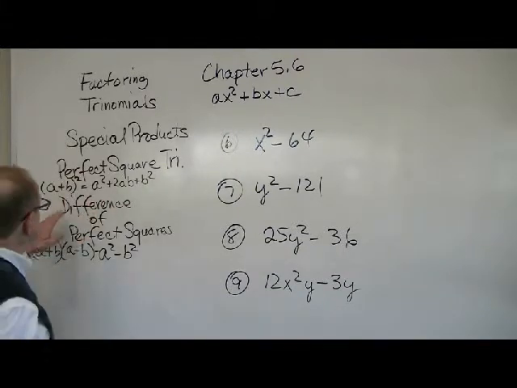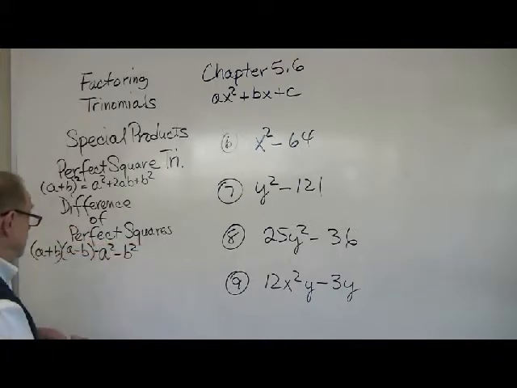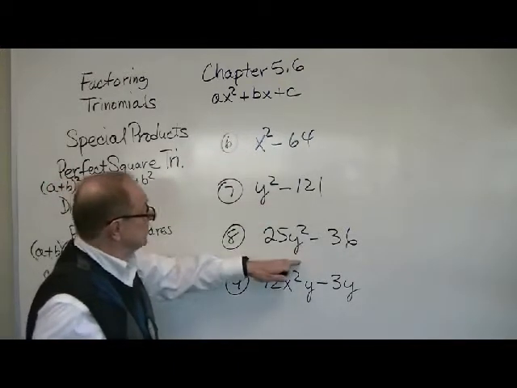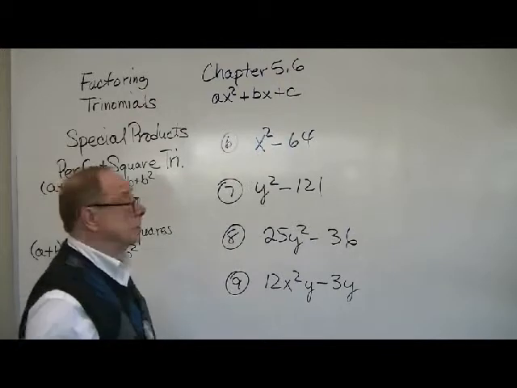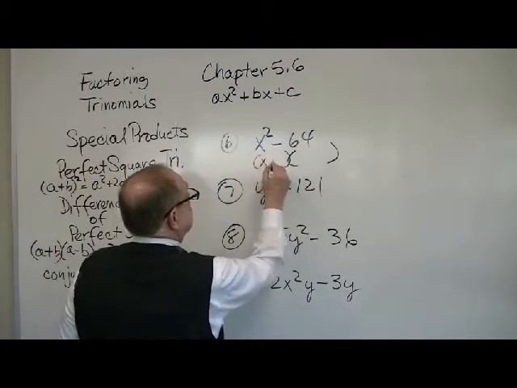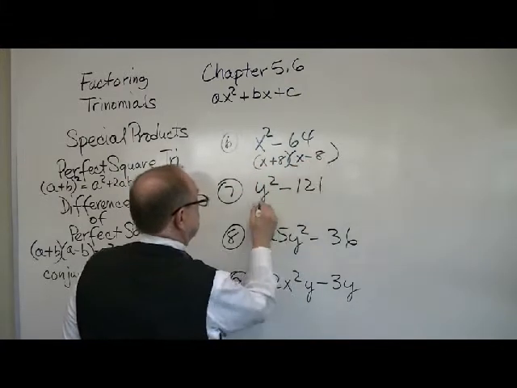So in these now, they're the difference of perfect squares in which we multiply conjugates to get the difference of perfect squares. So here we see in the first three the difference of perfect squares. X plus 8, x minus 8.